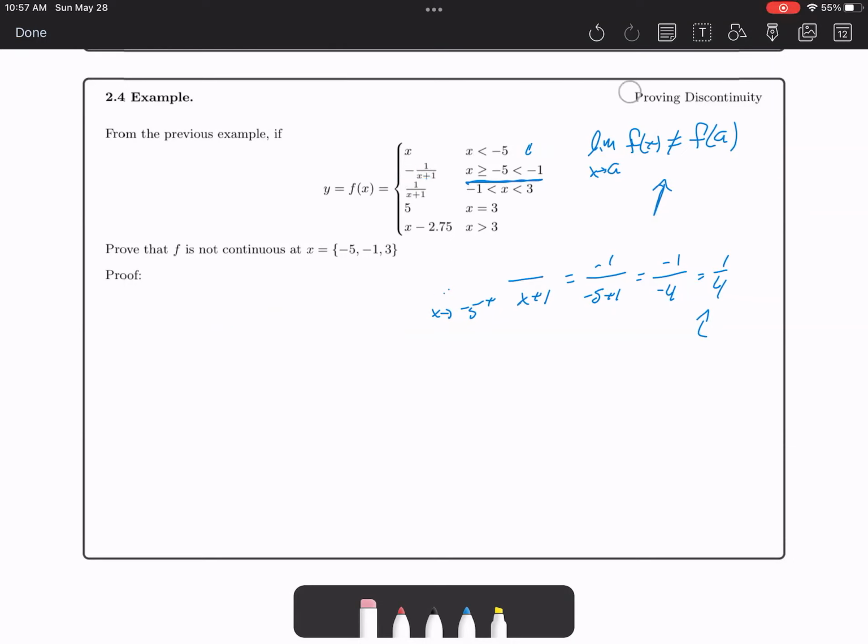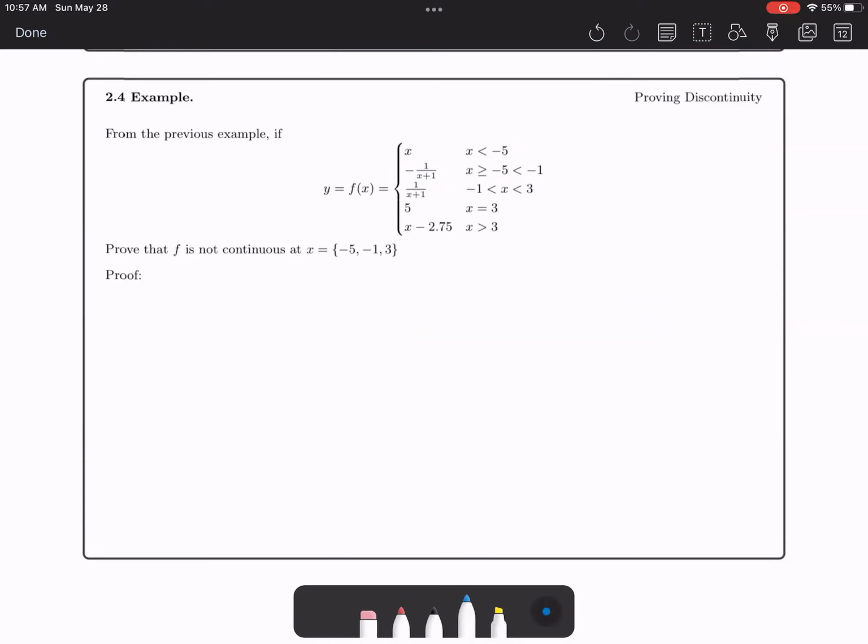All right, the next point where I need to show discontinuity is at -1. Let's see if the limit exists. As you approach -1 from the left, on the left side of -1, so again, that should read -5 less than or equal to x less than -1.